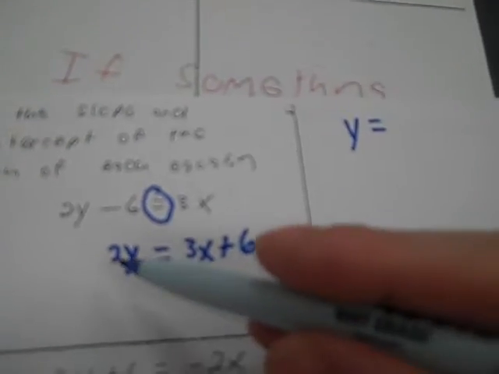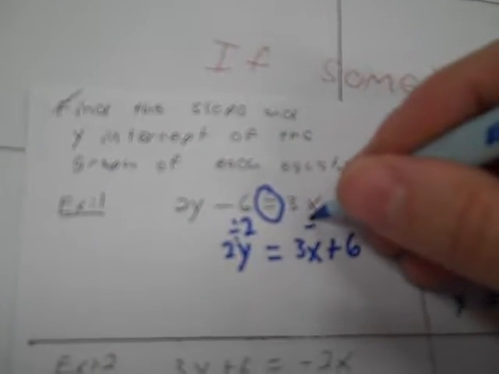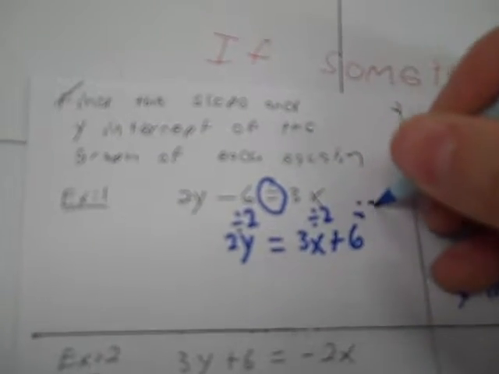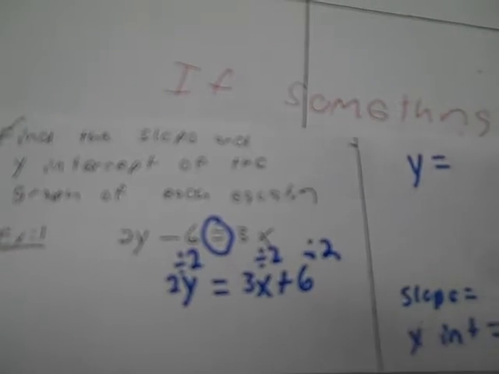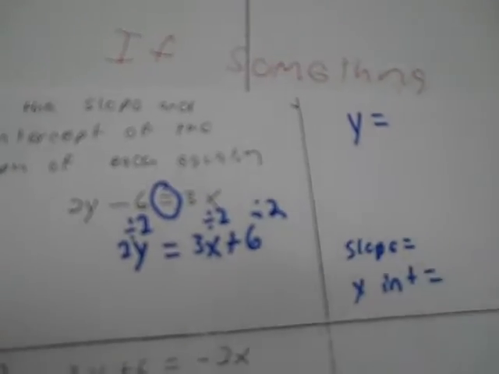Now, I've got to do something about that 2 that is multiplied by y. Well, what I'm going to do is divide everything in this equation by 2. That's a division sign. So 2 divided by 2 is 1, but since it's a 1 in front of a y, now the y is by itself. Now over on the other side, we divide 3 by 2.